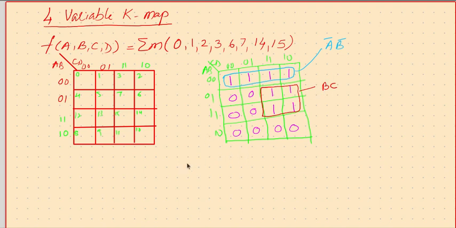So our final result is F of ABCD is equal to A bar B bar or BC. So that's the simplest way of solving the problem.